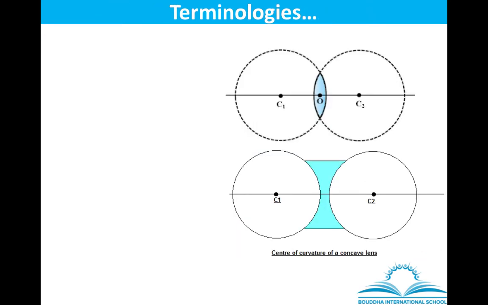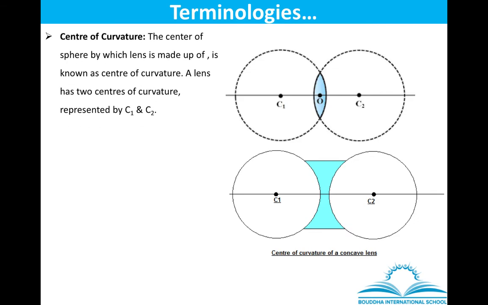Now let us discuss some of the terminologies that we will be discussing frequently in ray diagrams. First of all, let us learn about the center of curvature. As we discussed in the definition, a lens is made up of two spherical surfaces.